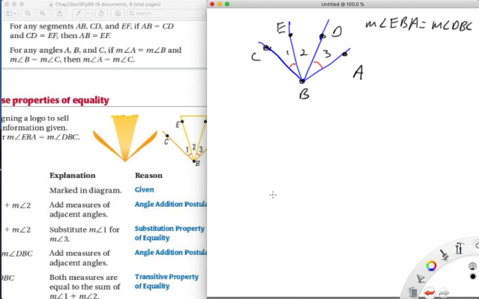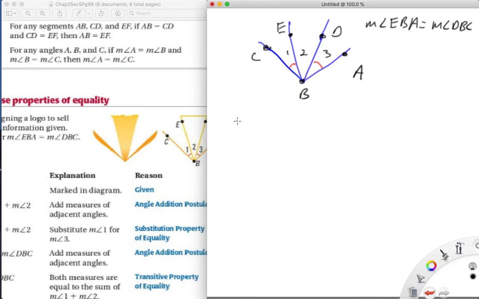Okay, well, if you think about it, if I was to add 1 and 2 to get DBC, and if I was to add 3 and 2 to get EBA, since 3 and 1 are the same angle, if I was to add the same number to the same angle, that would make sense.